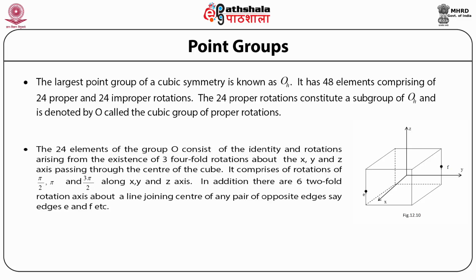The 24 elements of the group O consist of, of course, the identity and the rotations arising from the existence of 3 four-fold rotations about the x, y, and z axes passing through the center of the cube.